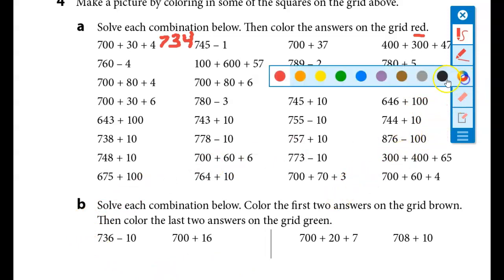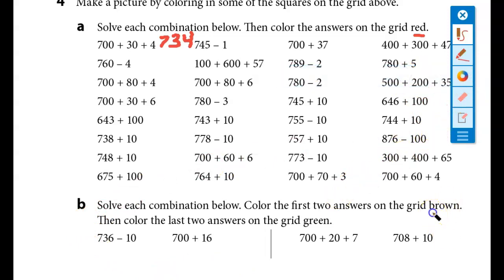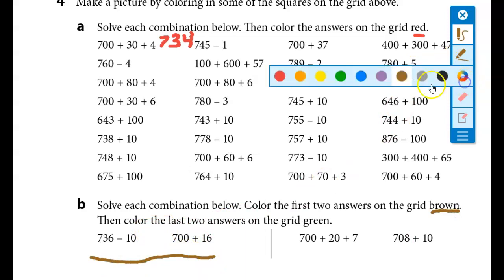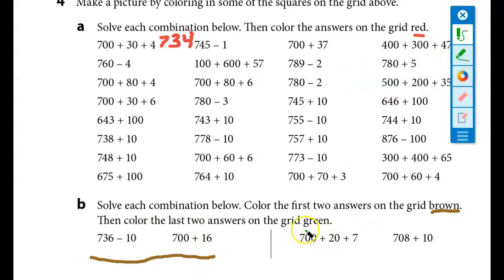Color the first two answers brown on the grid. So these two will be brown. And then color the last two answers green. These two answers you'll color in green. And then you'll have a picture.